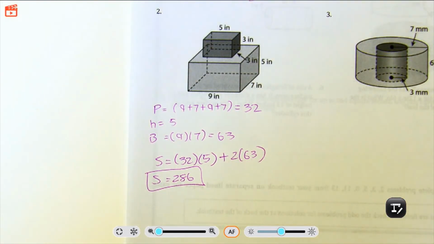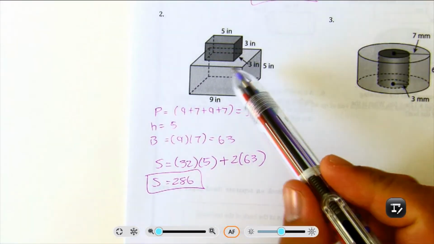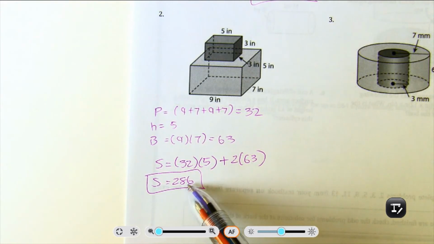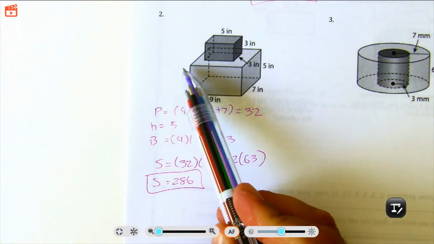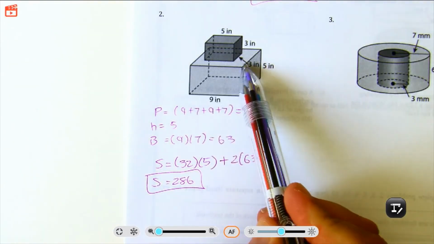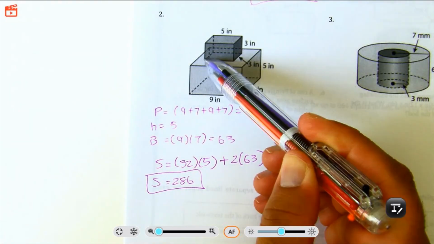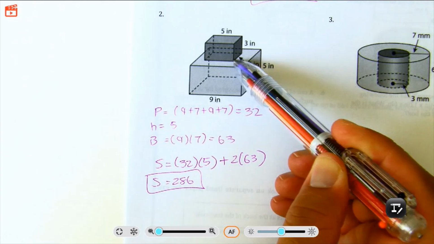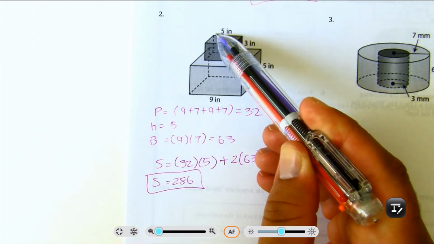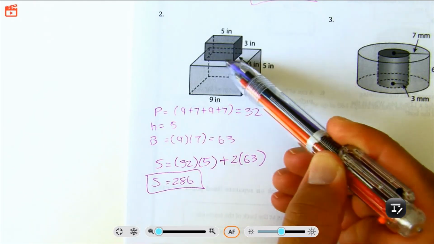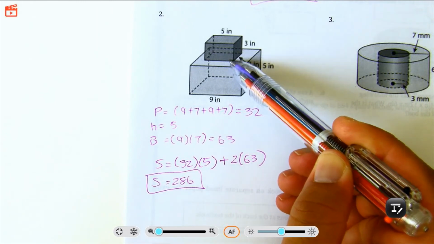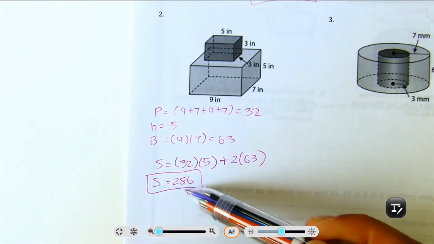Now I do want to mention though that similar to problem number 1, this surface area covers the bottom prism, and because we don't need the surface area of this bottom piece, imagine that we cut this rectangle and cover the top with it. So we don't need the bottom, and we already have the top from this number.